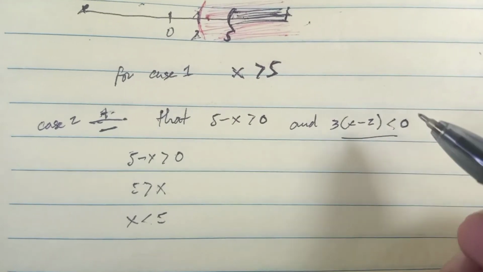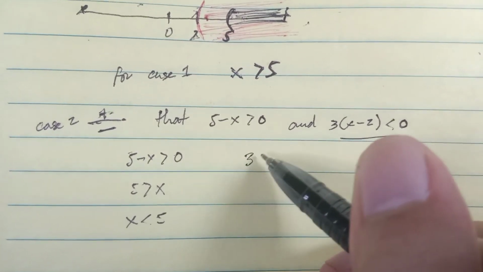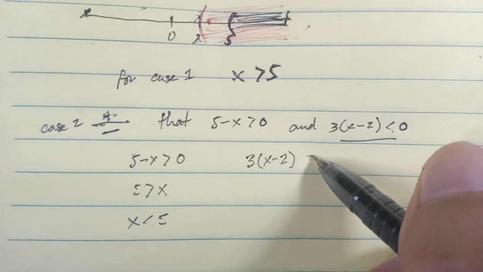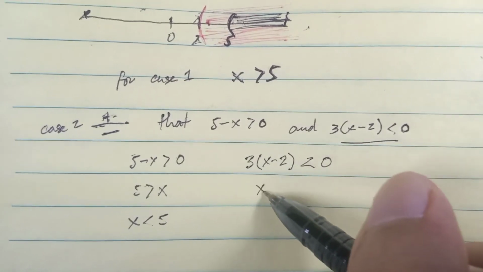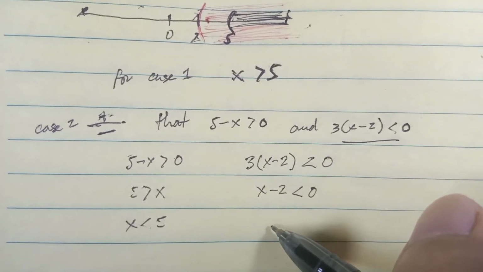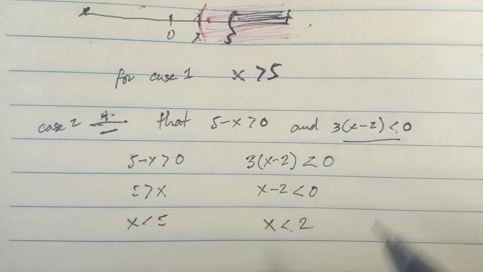Then the next one, we have 3 times x minus 2 lesser than 0, so that would mean x minus 2 is lesser than 0. So x is lesser than 2.